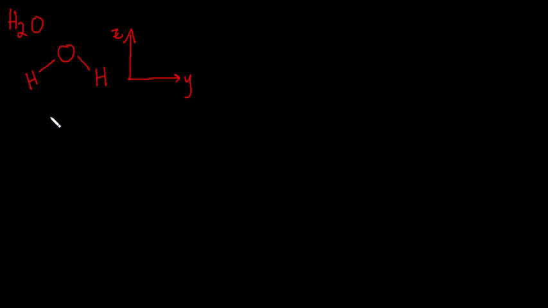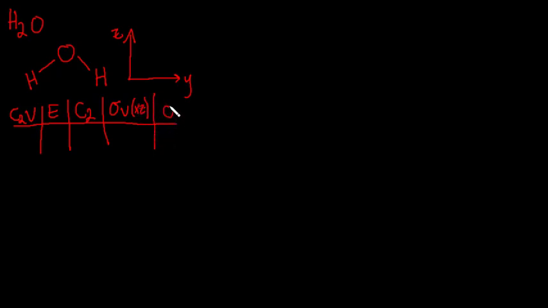And let's redraw the character table that we had earlier. So we have the C2V character table, we have the symmetry element E, we have the symmetry element C2, sigma V, and this right here is the XZ axis, and we have sigma V prime that is along the YZ axis.